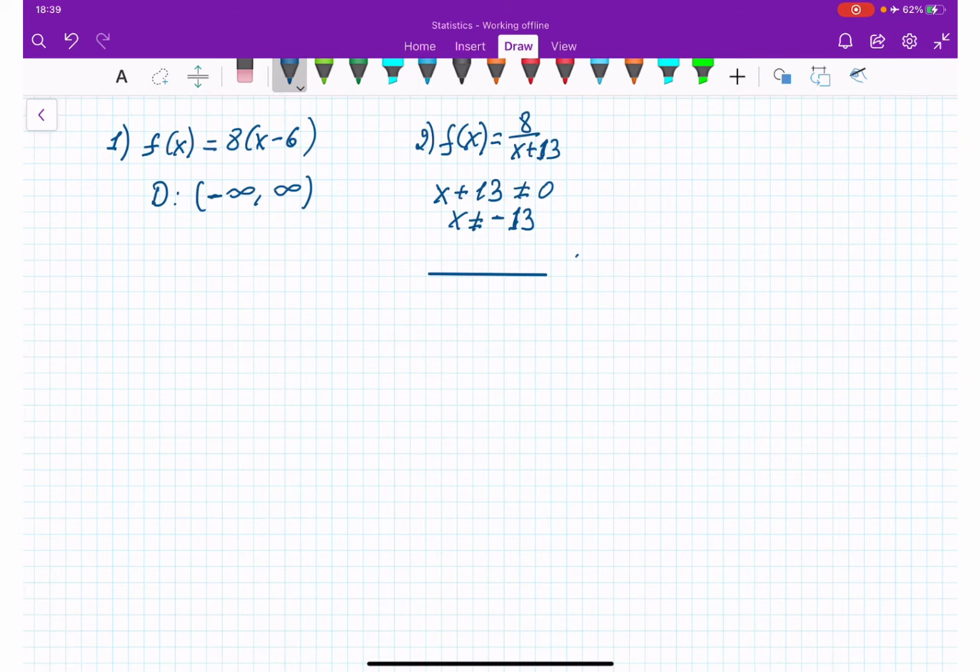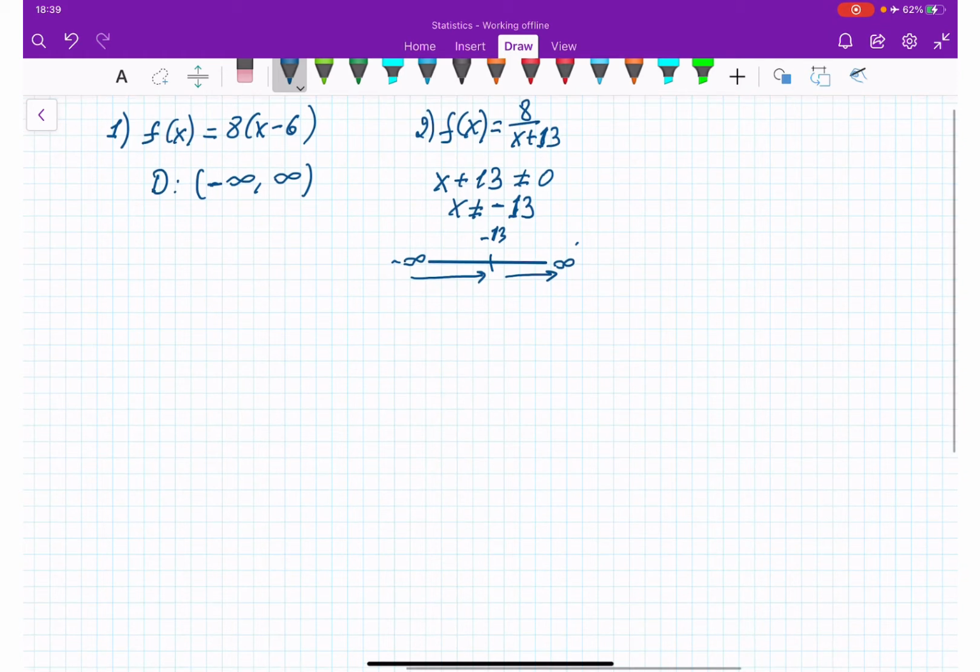Okay, and this is my negative 13. So this is negative infinity, this is positive infinity. So numbers can be all numbers from negative infinity to negative 13, excluding negative 13, and then all numbers from negative 13 to positive infinity, again excluding negative 13.